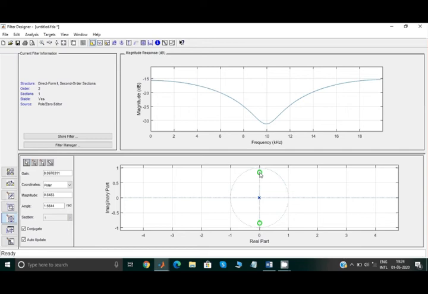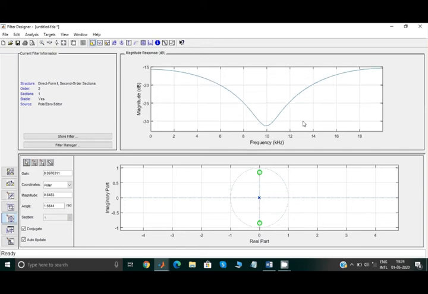Now you see, by positioning these poles and zeros, we can get the desired frequency response. As you see here, it looks like a band reject filter. We can convert it to a band pass filter. How? Let us see, at 10 kilohertz we want the pass band from 8 to 12 centering around 10 kilohertz.